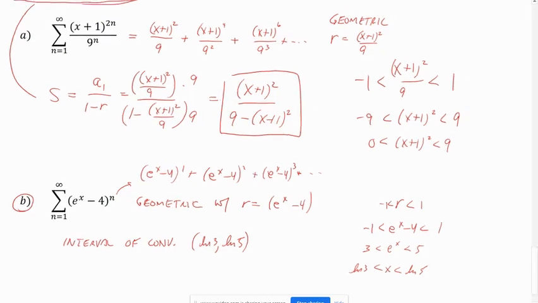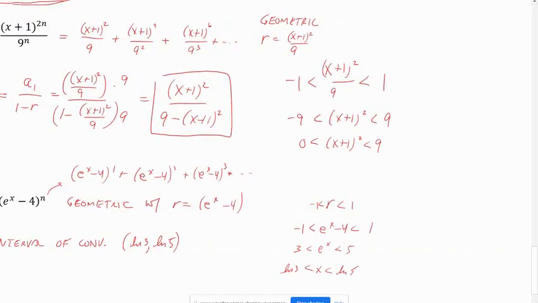But if we think about what numbers we can square to get answers between 0 and 9, we can square anything between -3 and +3, and we'll get answers between 0 and 9, because even when we square the negatives, they become positive.